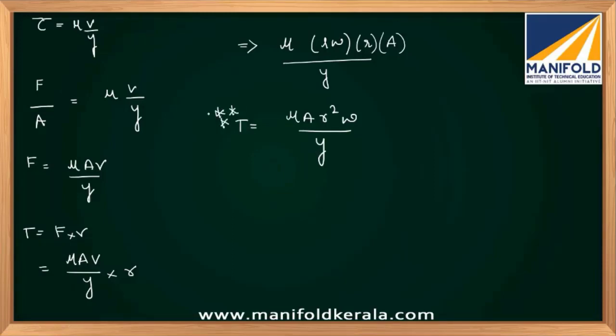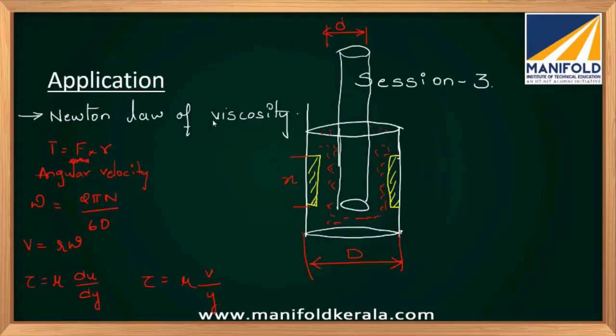You may get a GATE question for 2 marks where the sum may be like this. Some cylinder is of some x diameter and y diameter shaft is rotating inside the cylinder. There you need to find out the torque. How will you find out the torque?